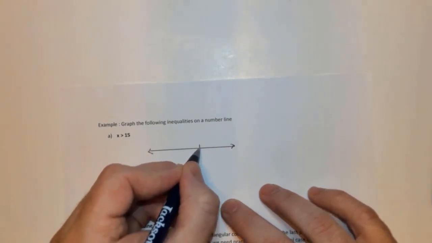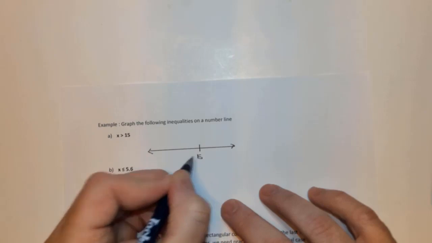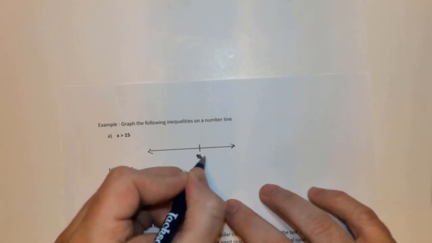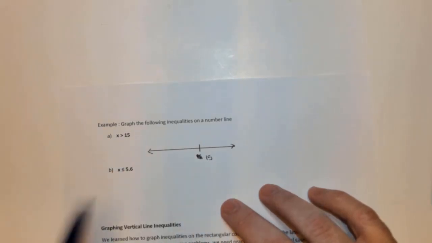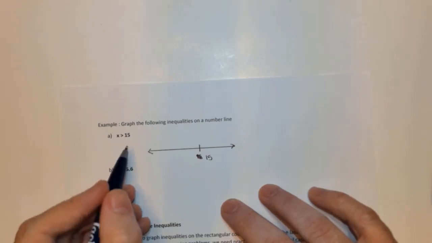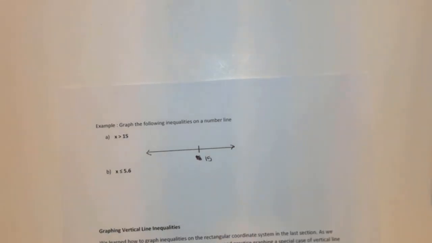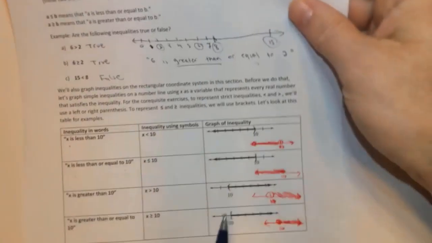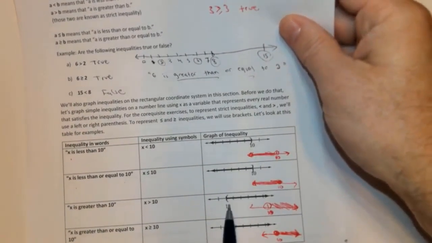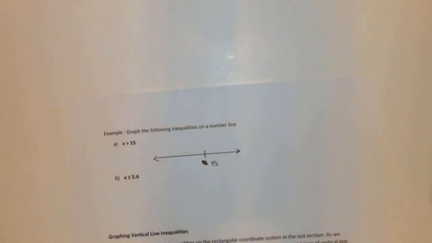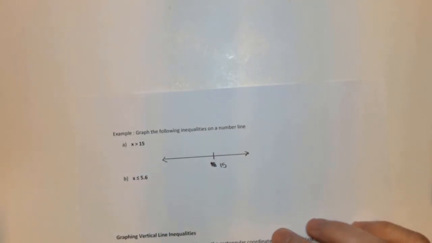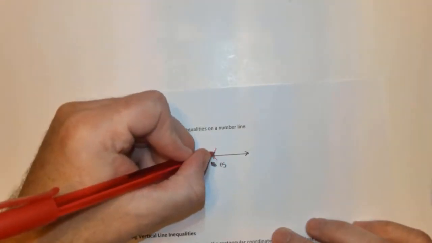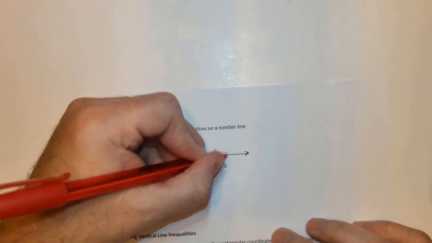So 15. It says x is greater than 15, so using the notation for this course, greater than, we'll use a parentheses. I'll use a different color. Okay, and then we shade to the right.